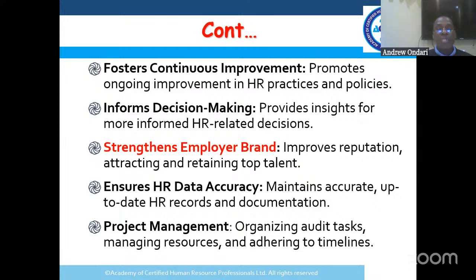Within the HR audit, there is the element of continuous monitoring and evaluation, which is part of project management. Continuous monitoring helps us to collect data and identify gaps as we are implementing various changes within the HR function.